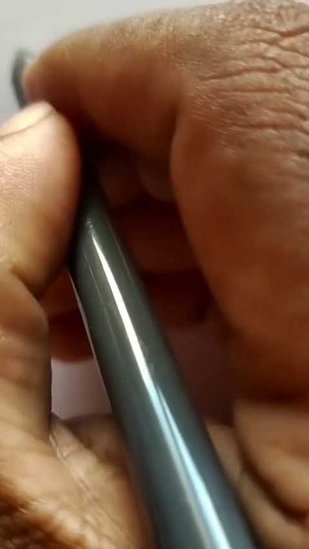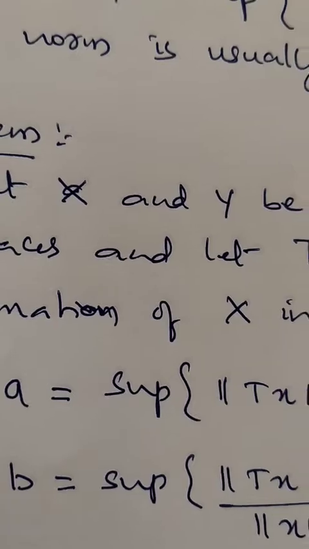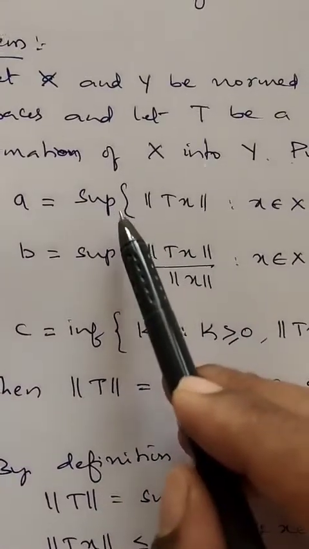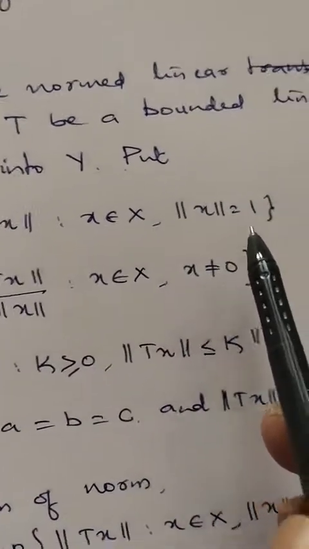The above norm may be equal to the supremum of norm of T of x, such that x belongs to X, norm of x is equal to 1.